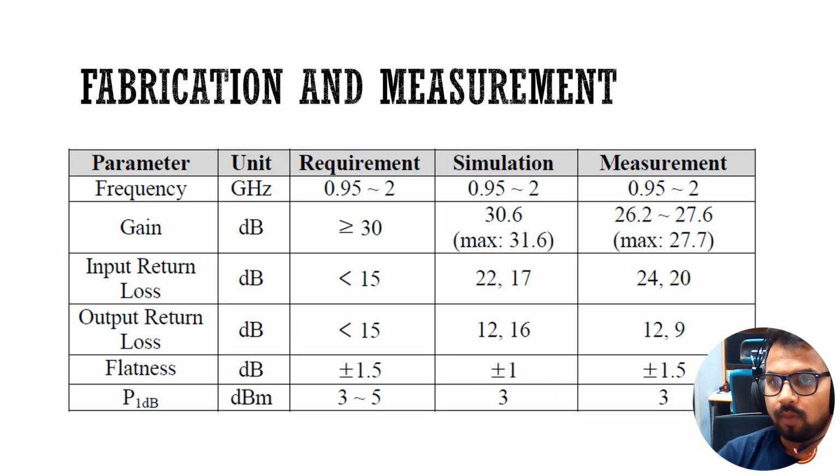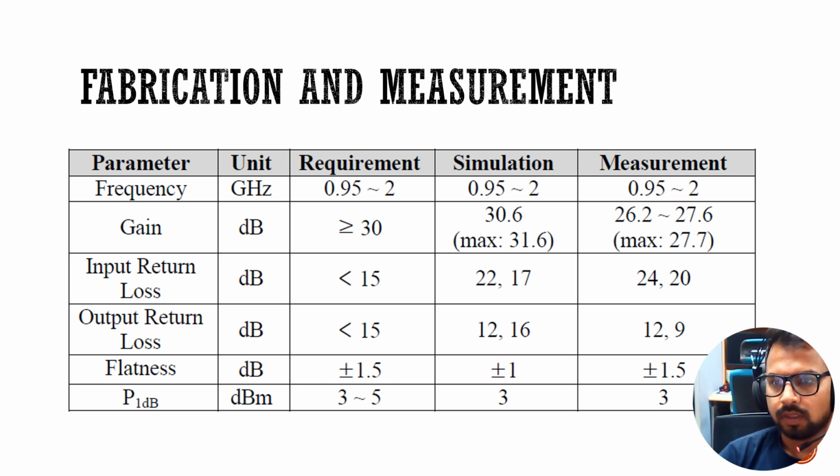The main important factor of this RF work is how to fabricate and do measurements. So these are a few parameters: frequency, gain, input return loss, output return loss, flatness, and P1dB.